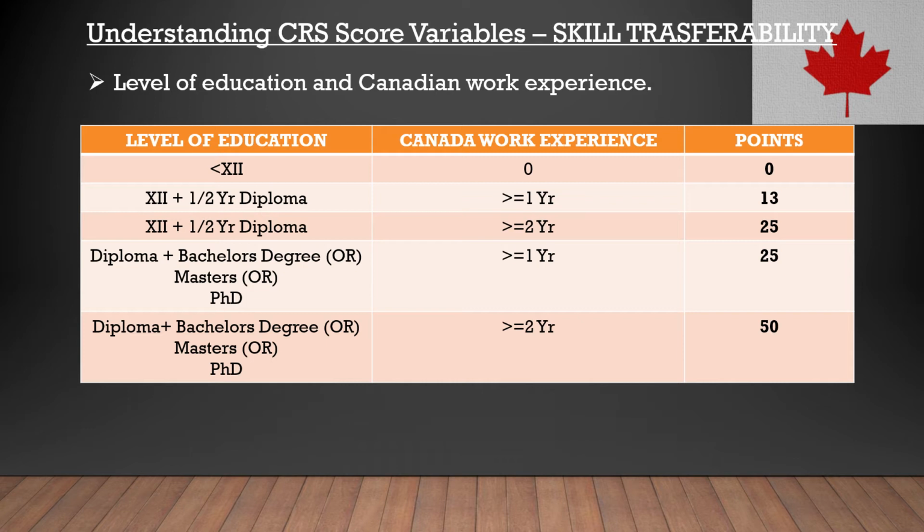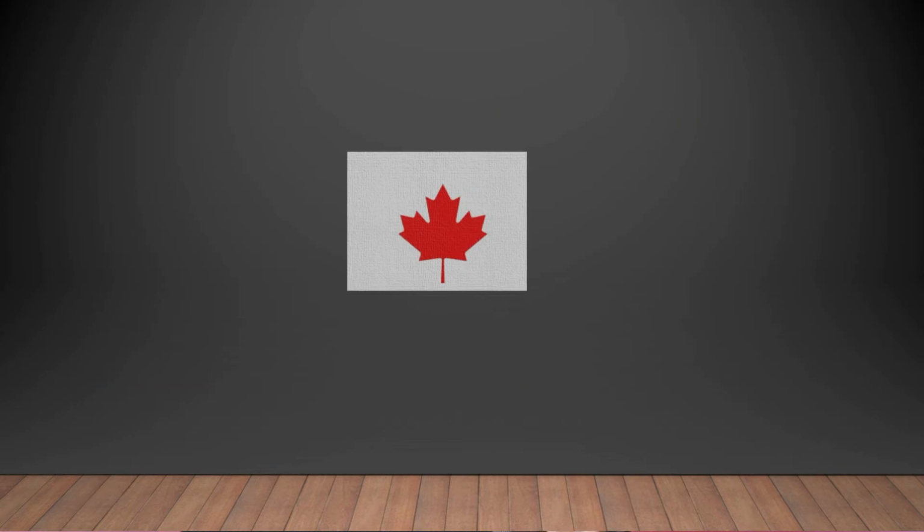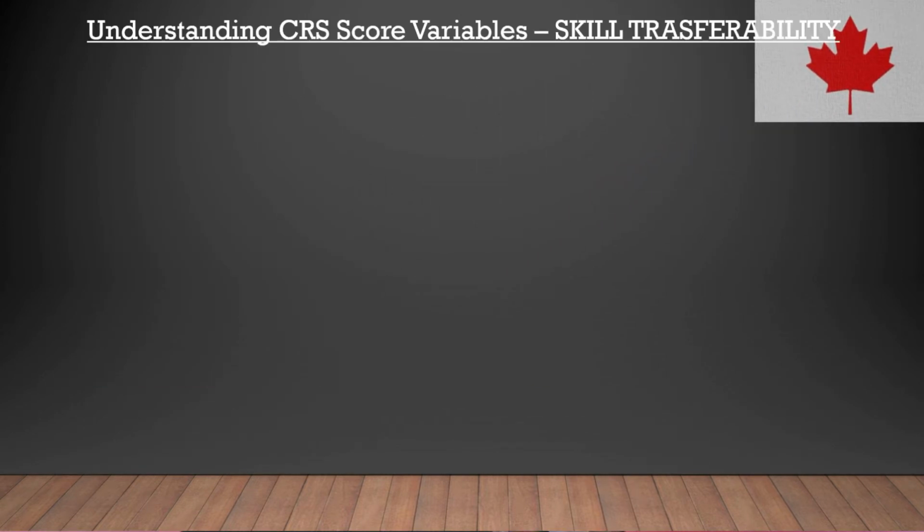If it is 2 years, 25. But if you are a graduate with 1 diploma and you have 1 year experience, 25. But if you have 2 years experience, it's 50. So skill transferability really makes a difference of almost 10 to 25 points easily based on your education and Canadian work experience.